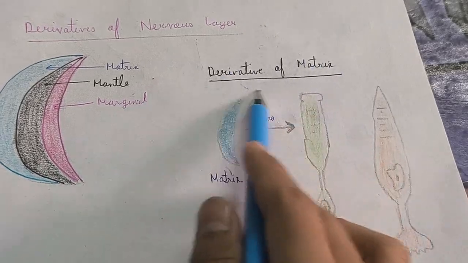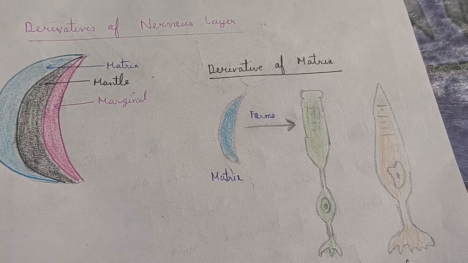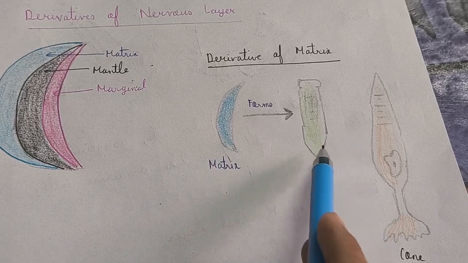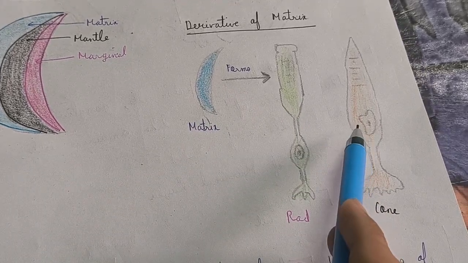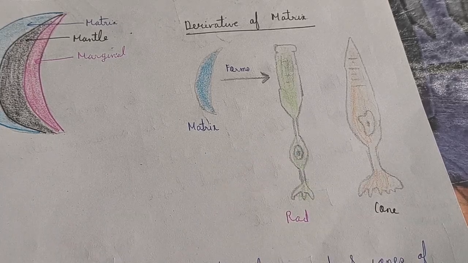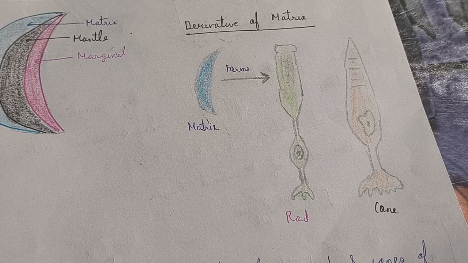First of all, let's discuss the derivatives of the matrix. You can see here that this matrix forms two important cells, rods and cones, and you know that in a normal human, these rods and cones help in seeing, in vision.